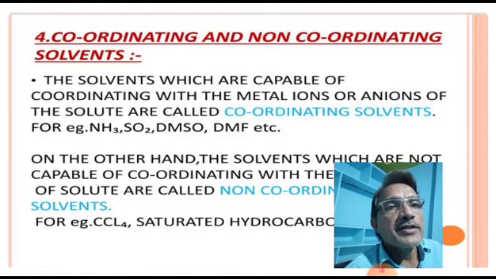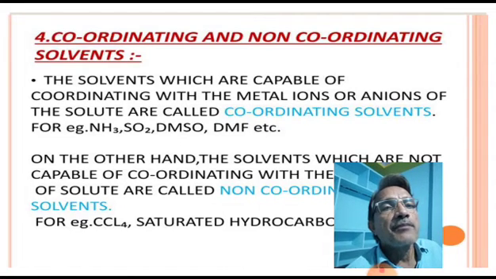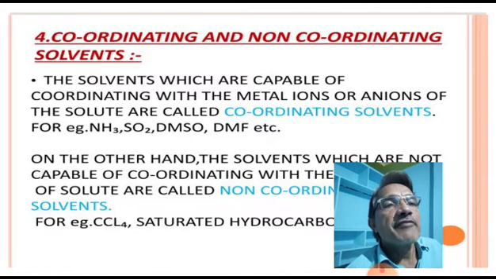The solvents which are capable of coordinating with the metal ions or anions of the solute are called coordinating solvents. Example, NH3 ammonia, SO2 sulfur dioxide, DMSO dimethyl sulfoxide, DMF dimethylformamide, etc.